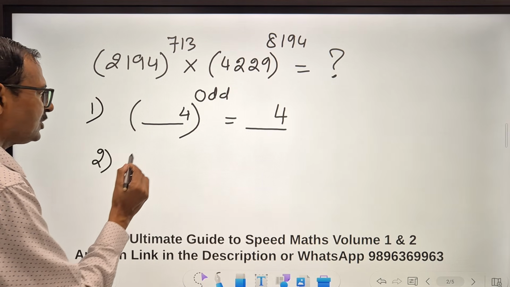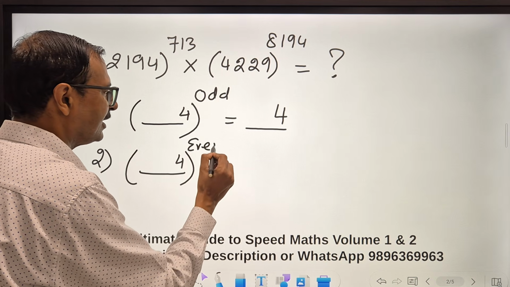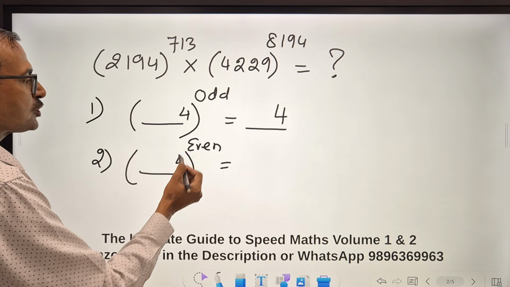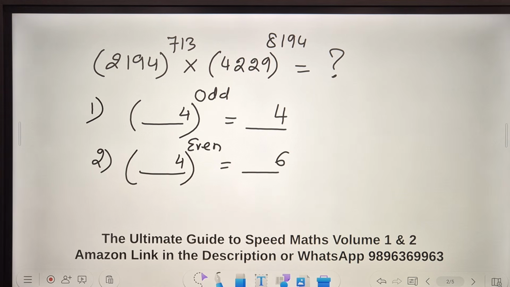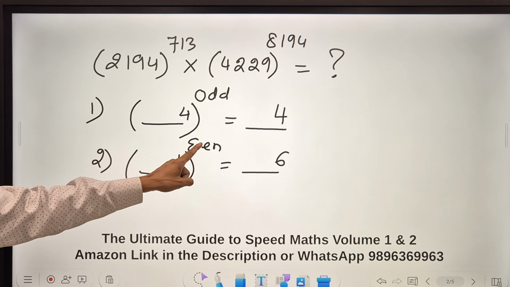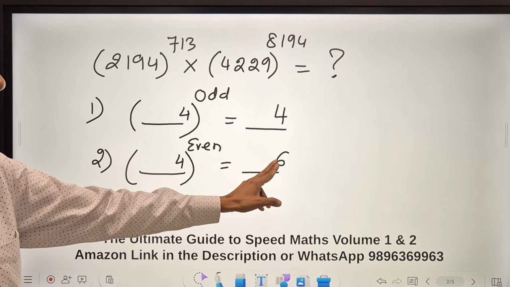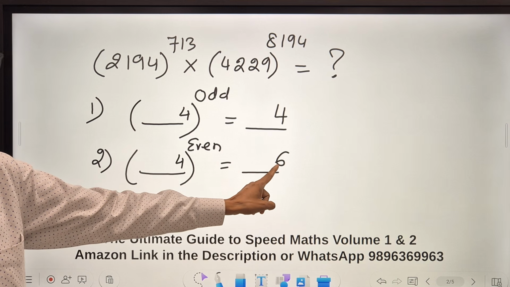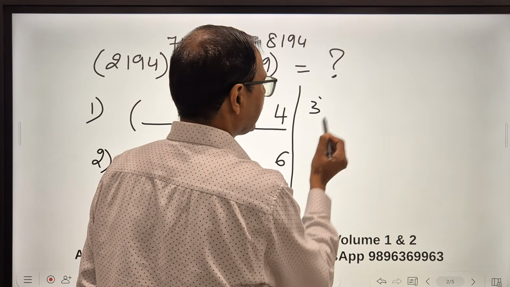Likewise, if the unit digit is 4 in the base and the power is even, just like 4 square is 16, that ends in 6, right? And therefore, whenever you have an even power with the base ending in 4, the answer will always have the unit digit 6.